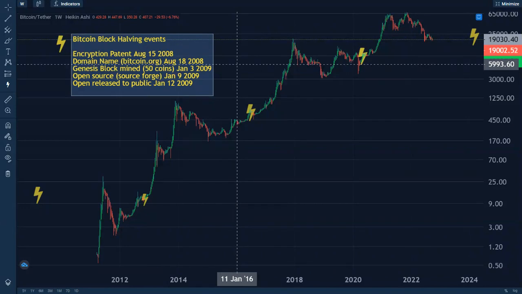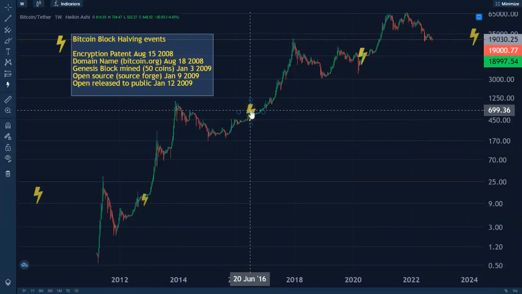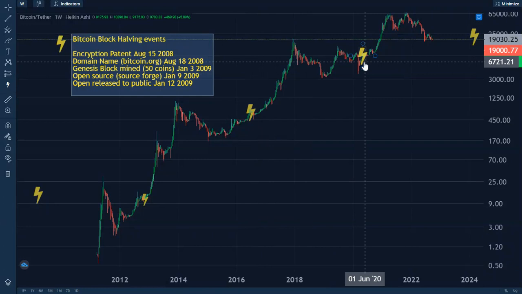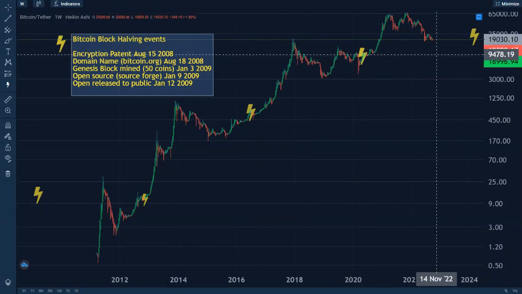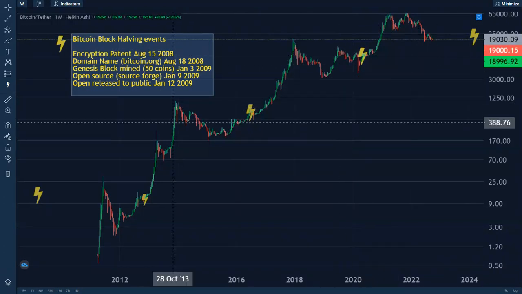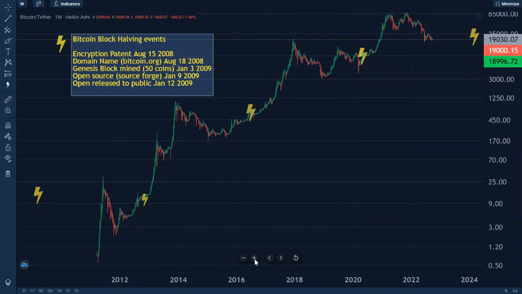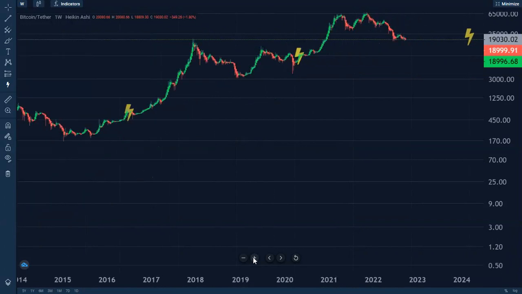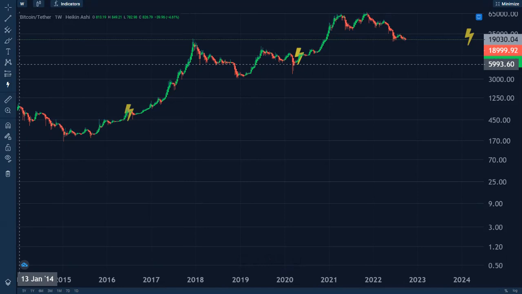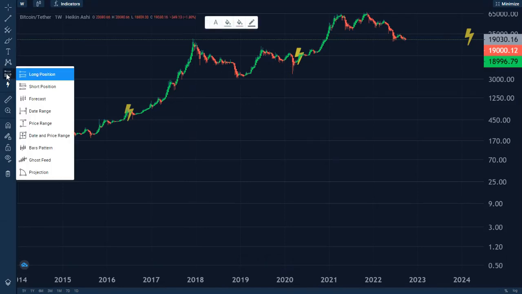All right, so let's now take a better look at what this market cycle just did and compare it to this one. Let me make this a little bigger. We'll go to our comparison. Let's go find our bar pattern.